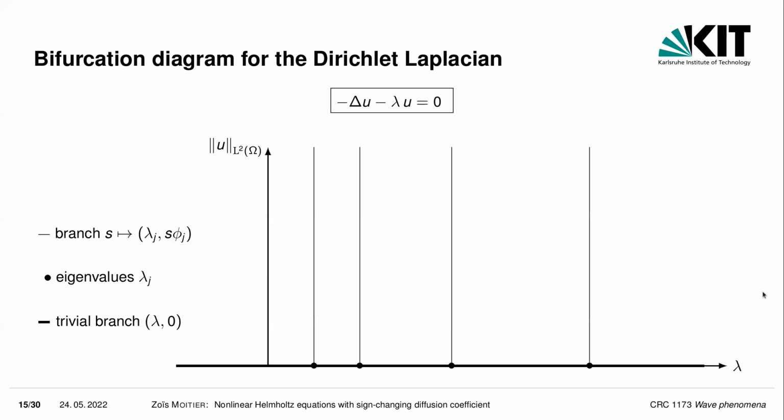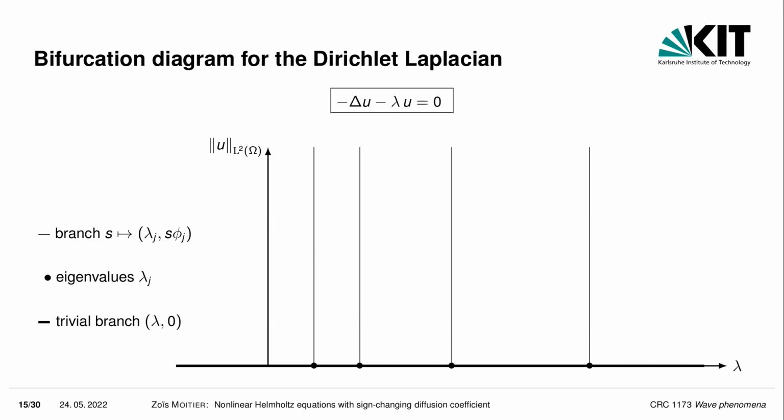And I know I will have a branch emanating from each eigenvalue that I can parameterize like this: lambda_j fixed and s sigma phi_j, where phi_j is the eigenvector associated to lambda_j, and s is just the parametrization of this half-line. So this is the bifurcation diagram for this simple equation.